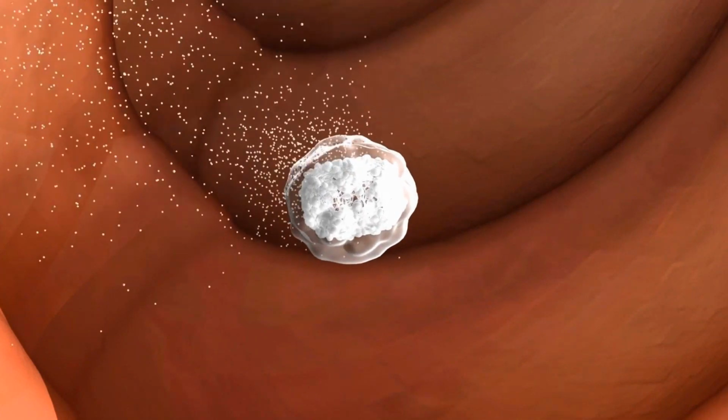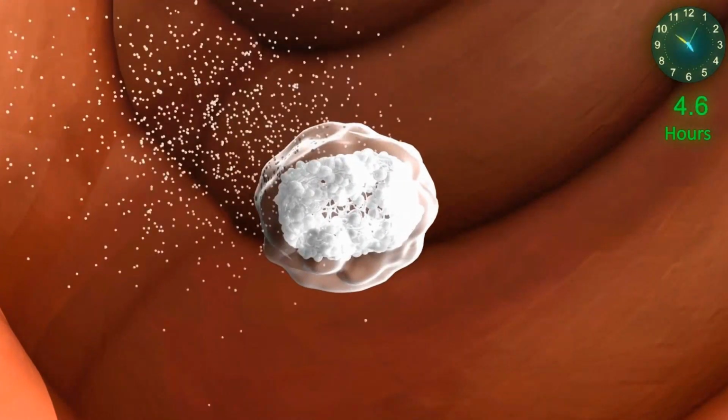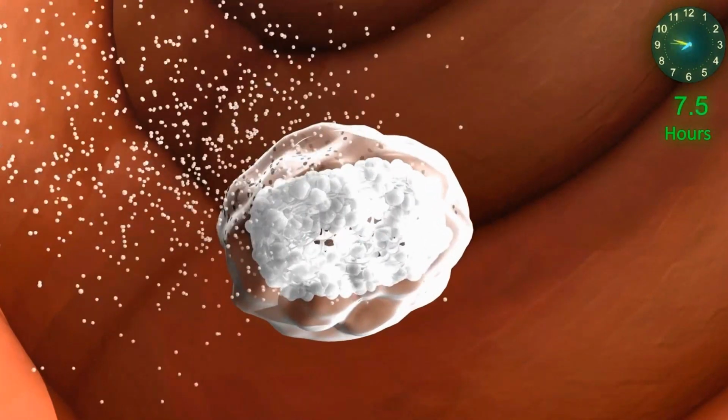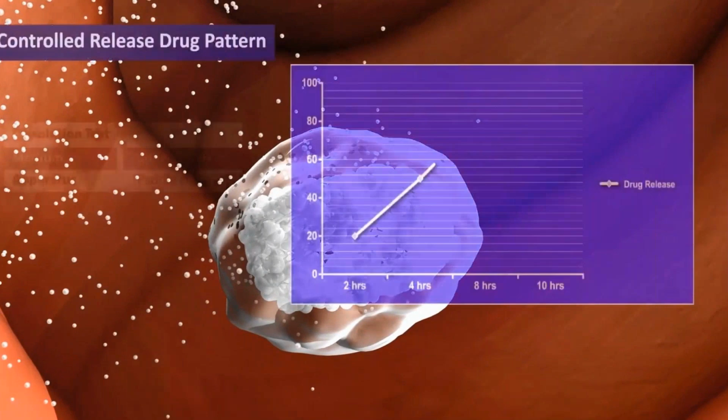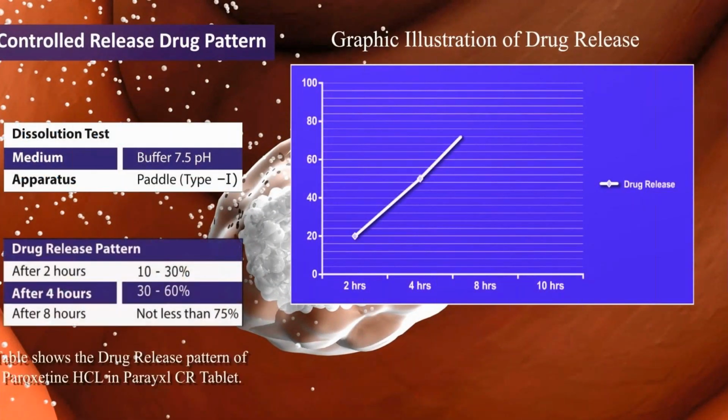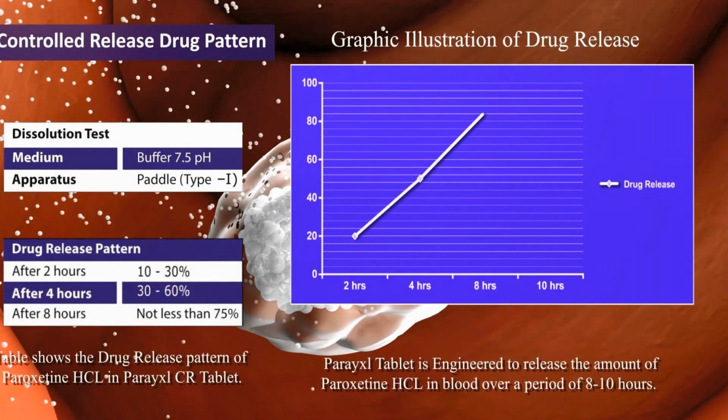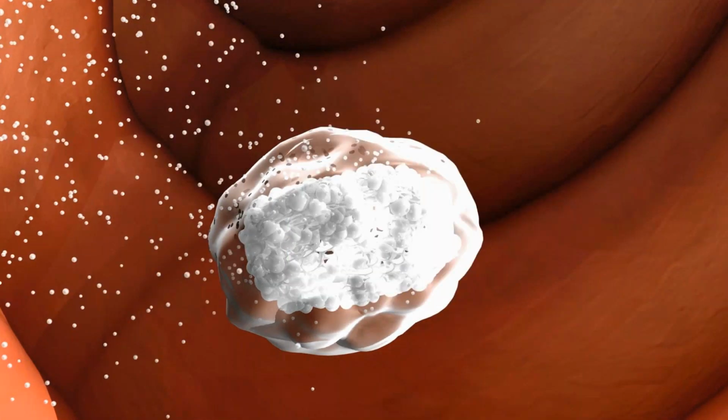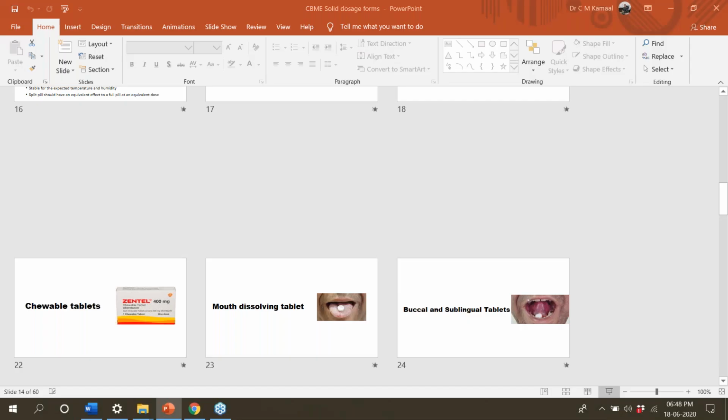So the contents of the drug you can see are slowly released over a period of time. This is the example of the Prexel tablet which I have shown in the video.